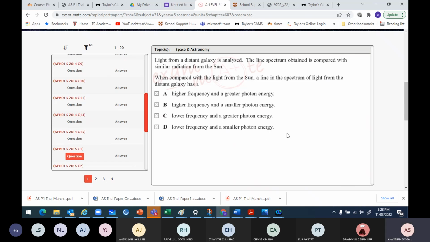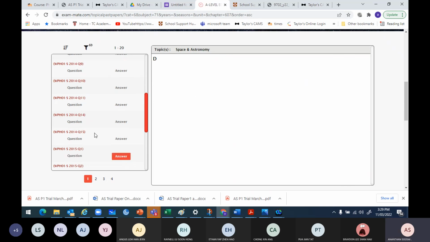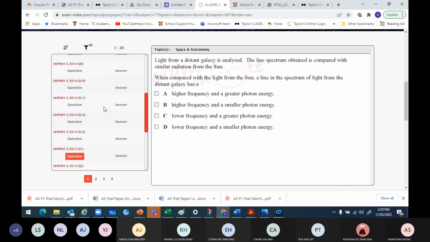What's the formula? E equals hc over lambda, or hf, right? So low frequency means photon energy is also low. Low f means low photon energy. So those who predicted D are good. The answer should be D: low frequency, smaller photon energy, correct?